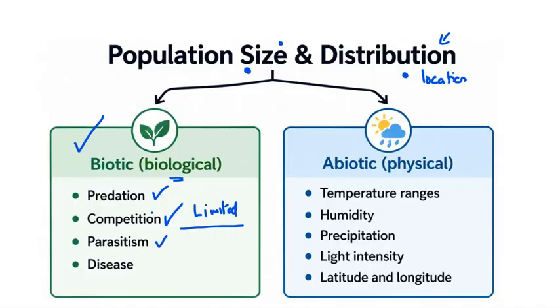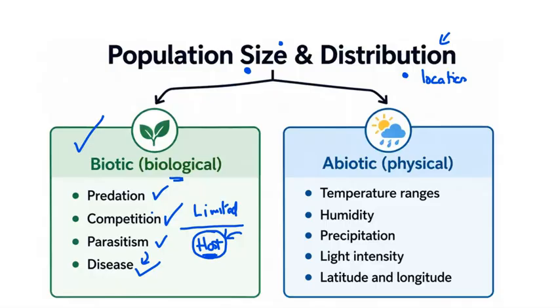Parasitism is when you have a host organism and then another organism lives on the host, using the host as possibly a food source, possibly a place to locate itself, and the host suffers because of this. It's closely related to the idea of disease.